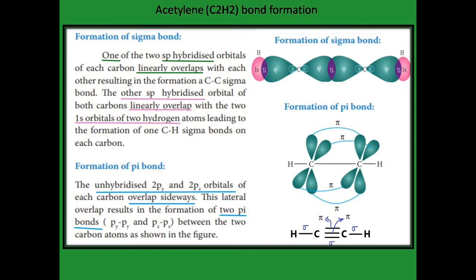They are not on the molecular axis; they are perpendicular to it, so they undergo sideway overlap and form 2 pi bonds. So in acetylene there are 3 sigma bonds and 2 pi bonds.